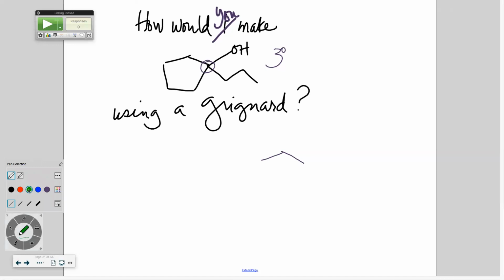Can I cut it up here? No. Here? Why not? Because of the ring, right? So what is the carbonyl compound got to be? A propyl with the carbonyl on it.